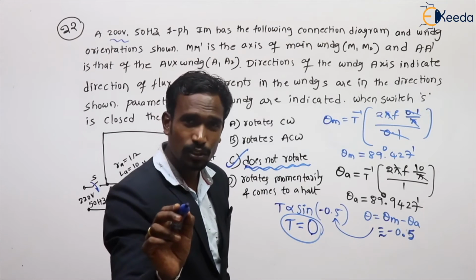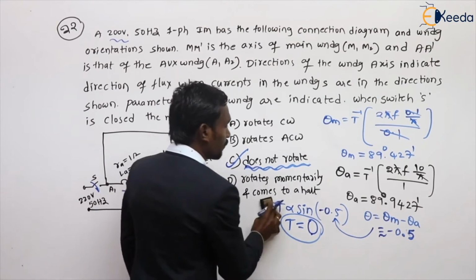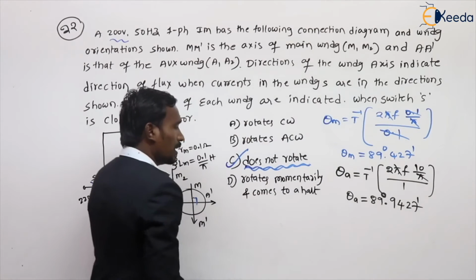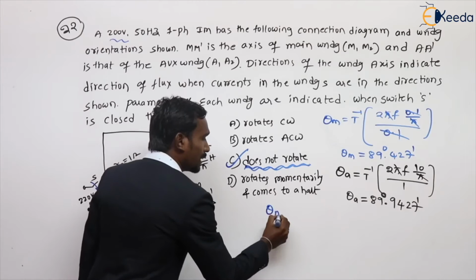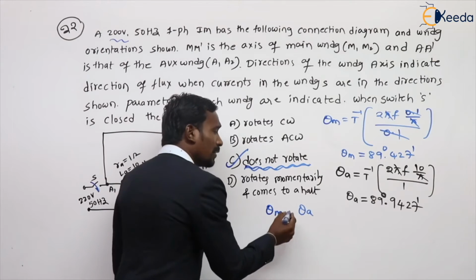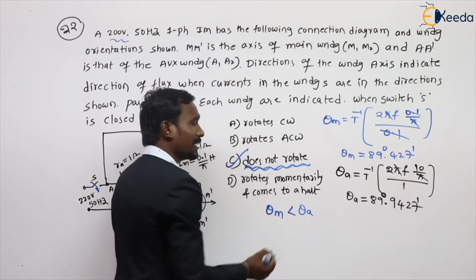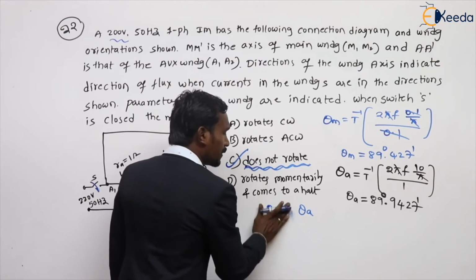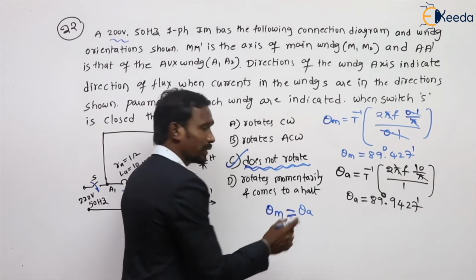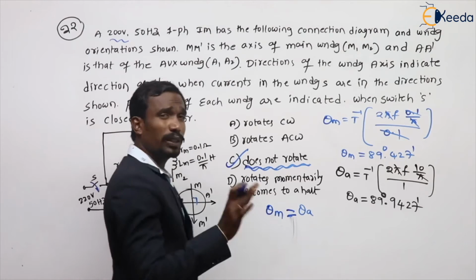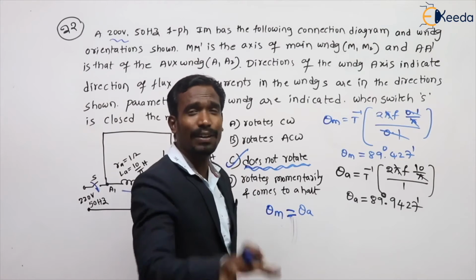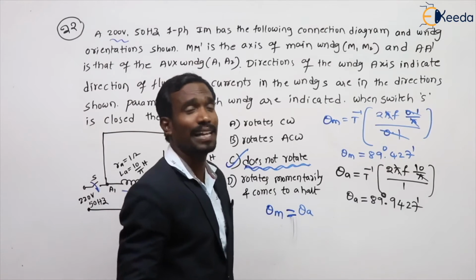Understood? Okay, listen carefully once again. In general, we have to find theta m and theta a. Here we can conclude that if theta a is greater, counterclockwise; if theta m is greater, clockwise; if both are equal, no rotation. But don't conclude here in your GATE exam, because you have a calculator, the virtual calci.